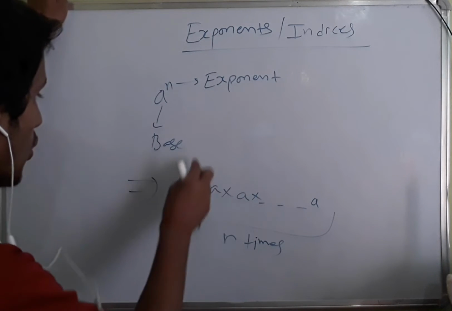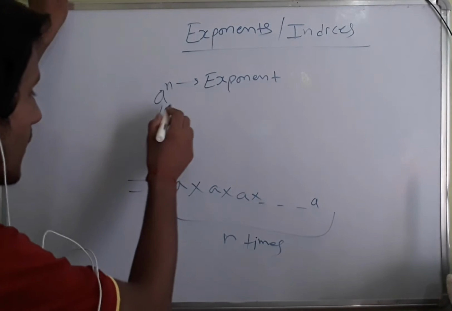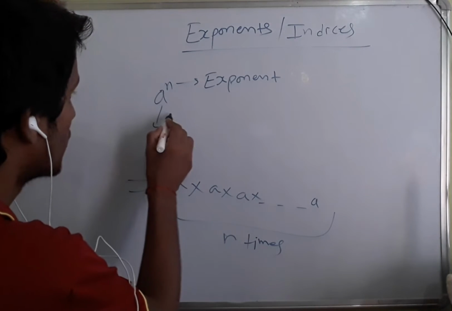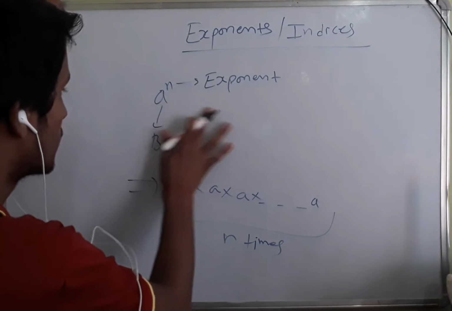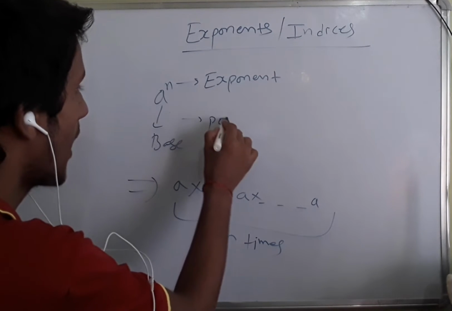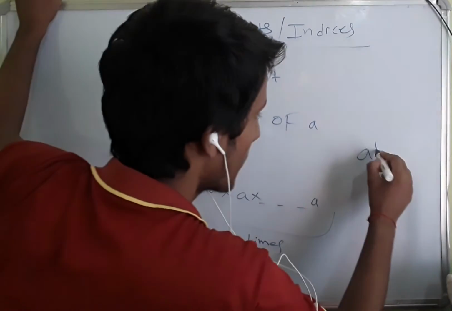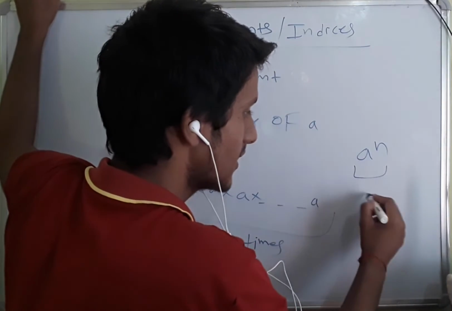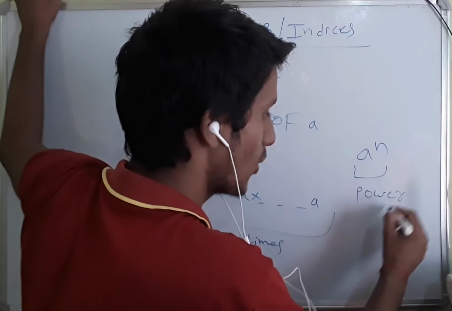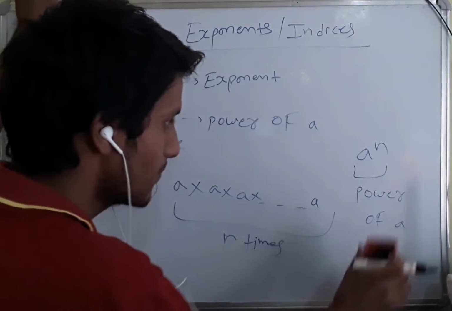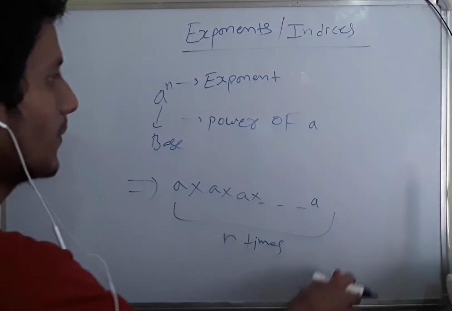This whole term is known as the power. So this whole is the power of a. a to the n is the power of a. These are the basic terms.